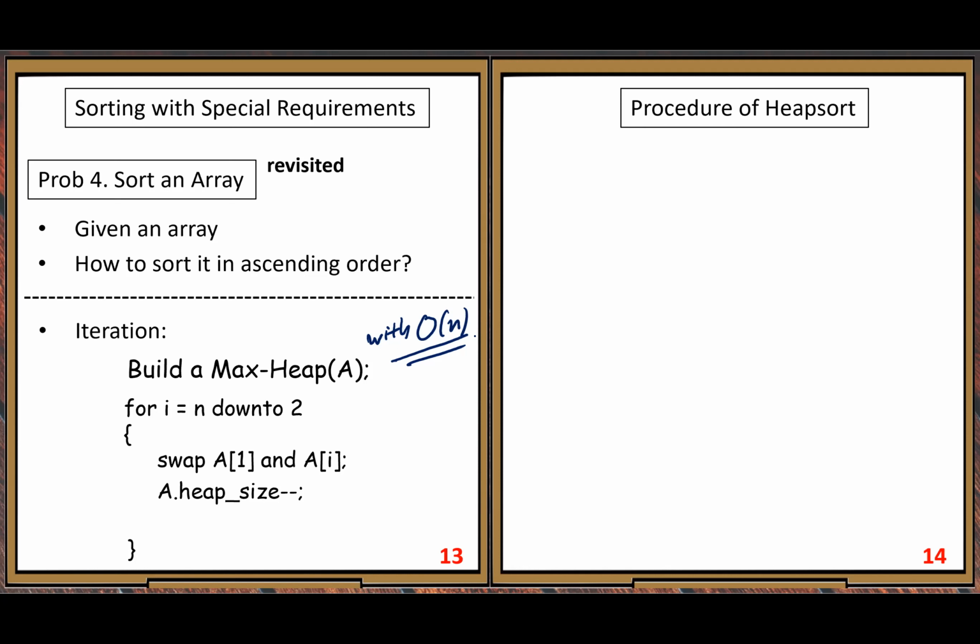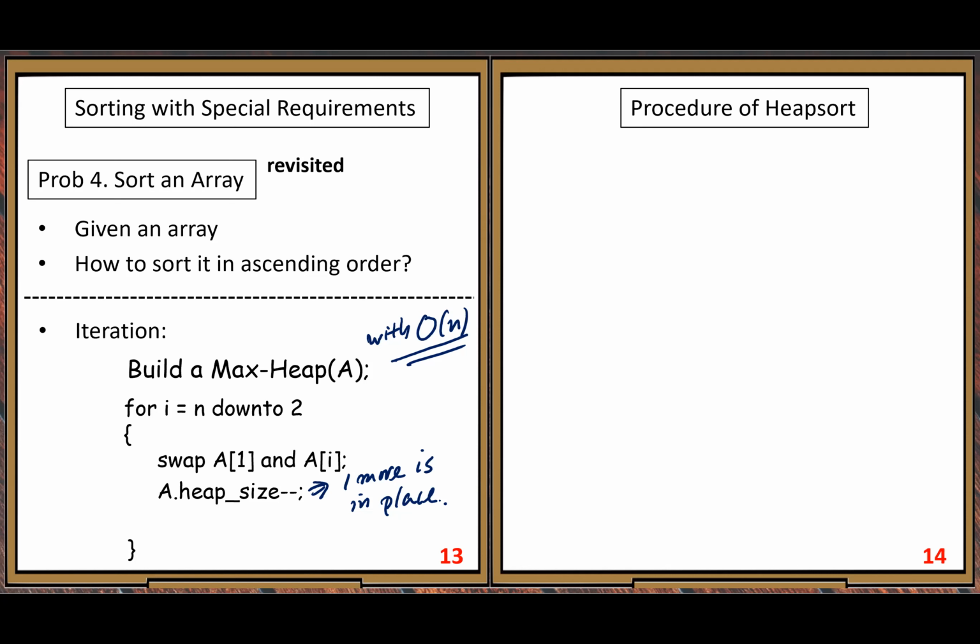Why reduce the heap size by 1? Because one more element is in place. The current heap only covers the elements that may not be in place.